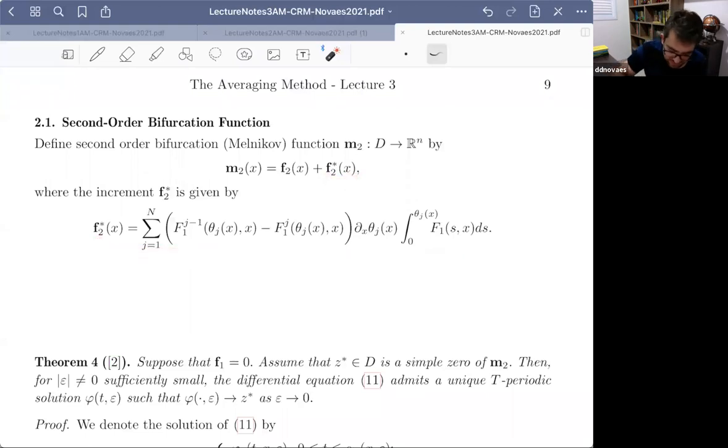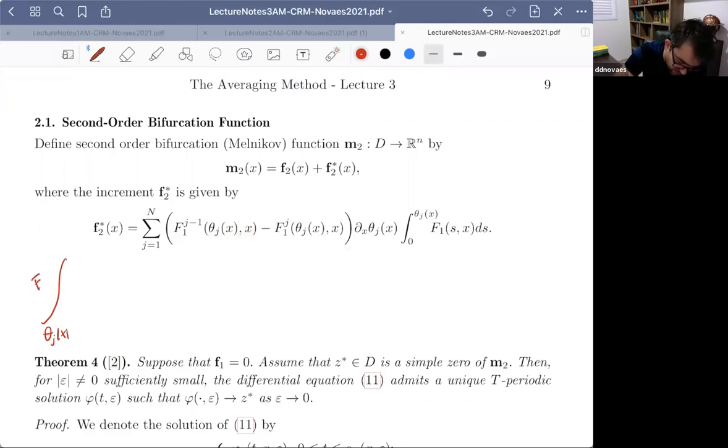So it is interesting to note that, for instance, if the function Fi is continuous, F1 is continuous at this point, then this difference is equal to 0, because we have our theta j of x here, that's the curve.